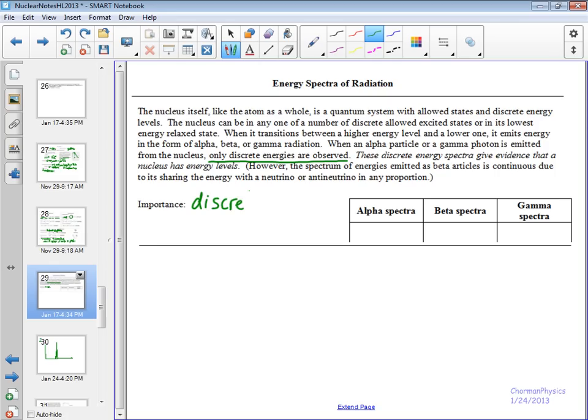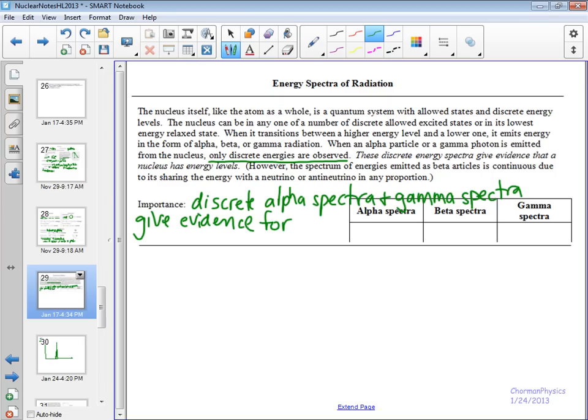So this is important. This discrete alpha spectra, and gamma spectra actually, this is on the previous page, tells us that nuclei, not just electrons around the nuclei, but the nuclei themselves, have discrete energy levels, just like we had with electrons.